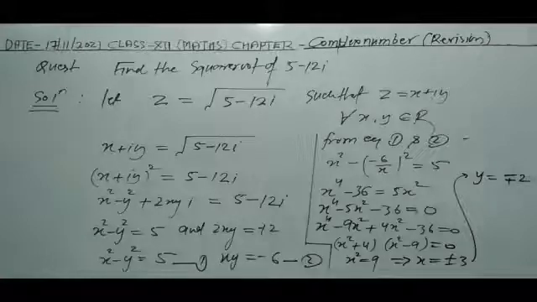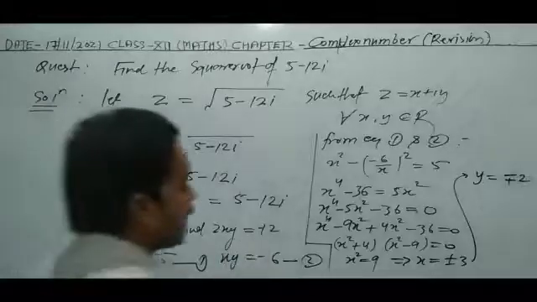Now the complex number, what we can write, will be plus minus its square root.